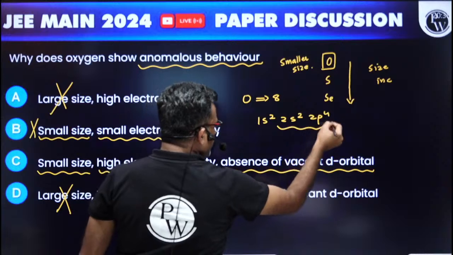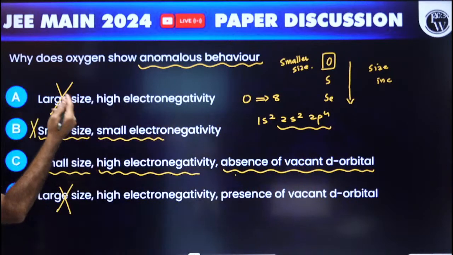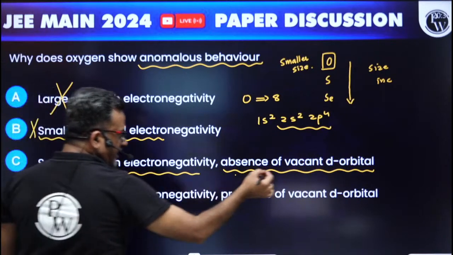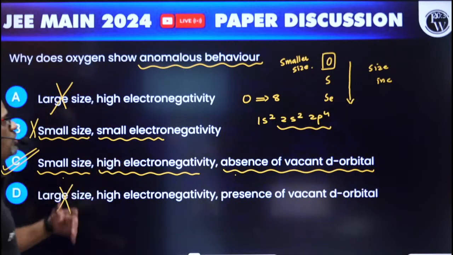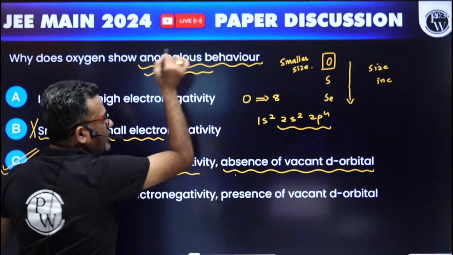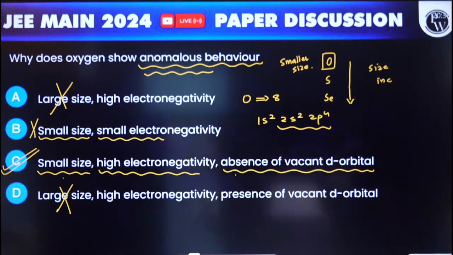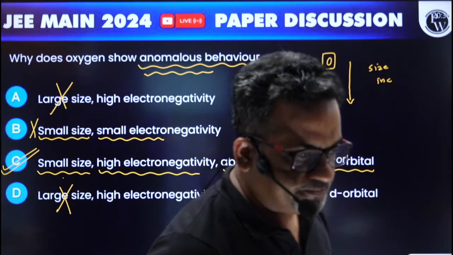You don't have 2d orbitals, so there is an absence of vacant d orbitals. So it is small in size, it has high electronegativity and no vacant d orbital. These are the reasons why oxygen has anomalous behavior. Got it again? Yes.